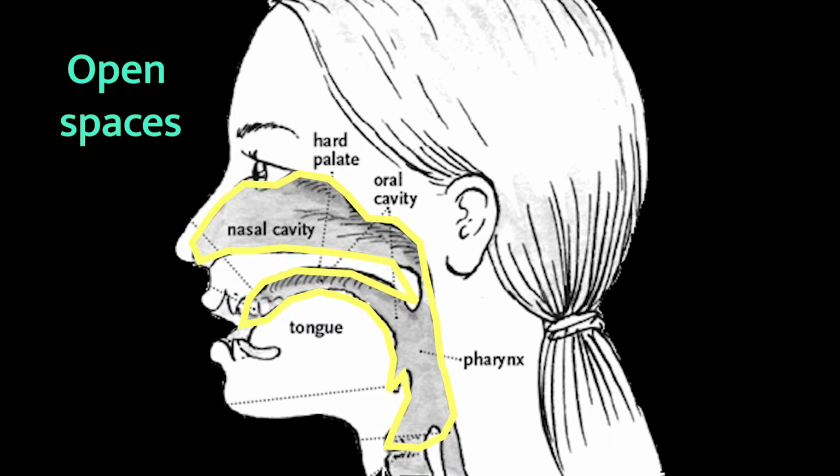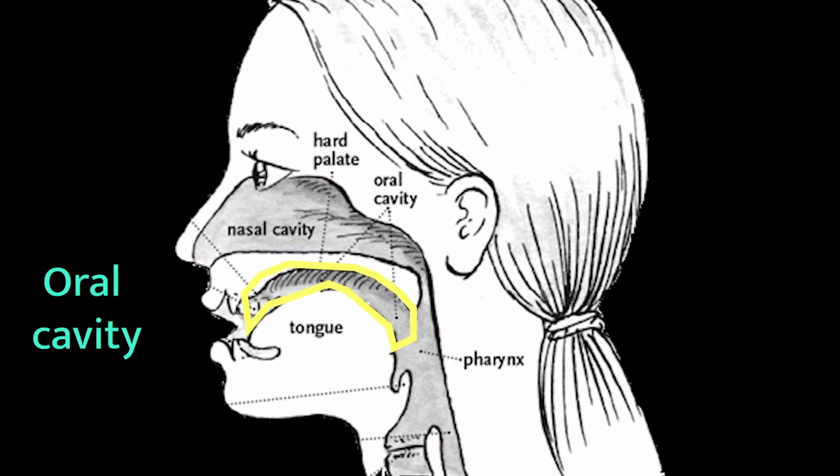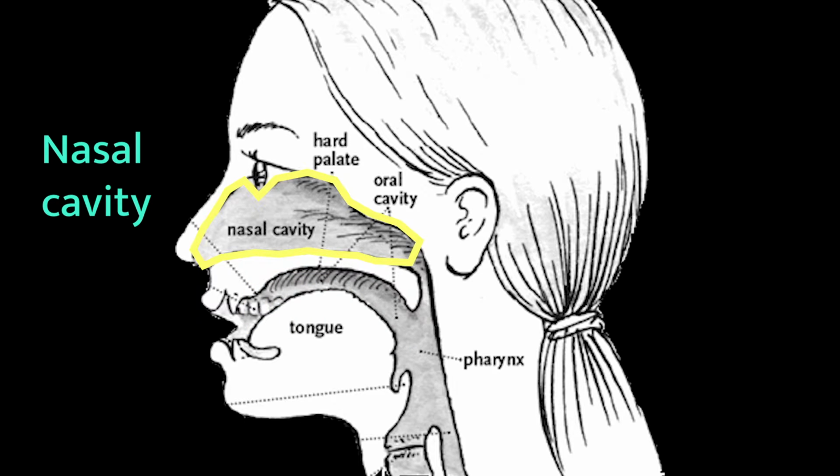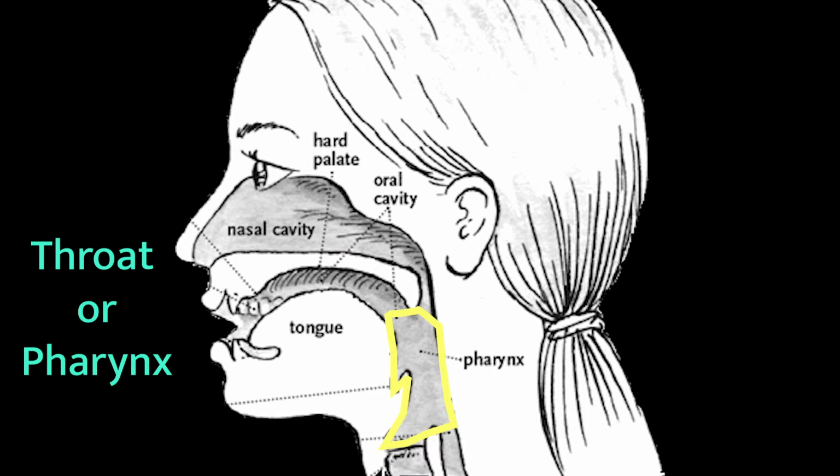Everything else is open. That's why this is called the oral cavity. Oral meaning mouth, and cavity meaning an open space. You also have a nasal cavity, the open space inside your nose, and the pharynx, which is the open space inside your throat.